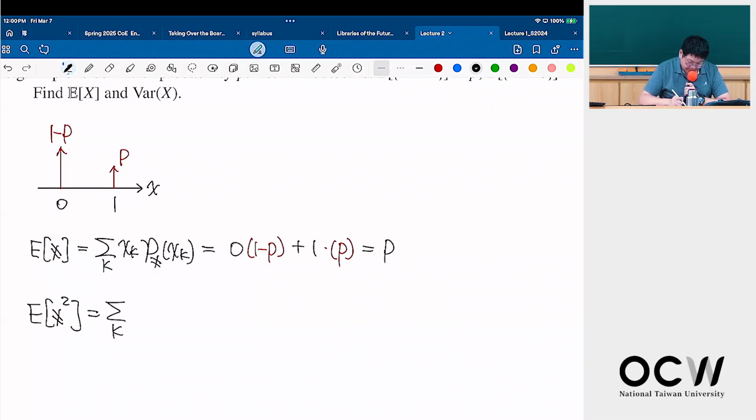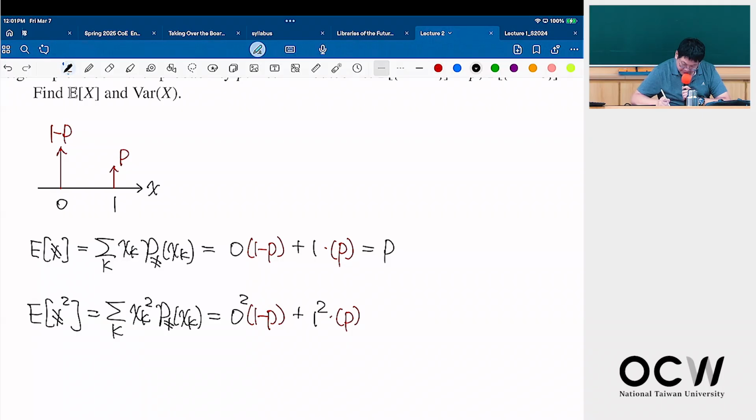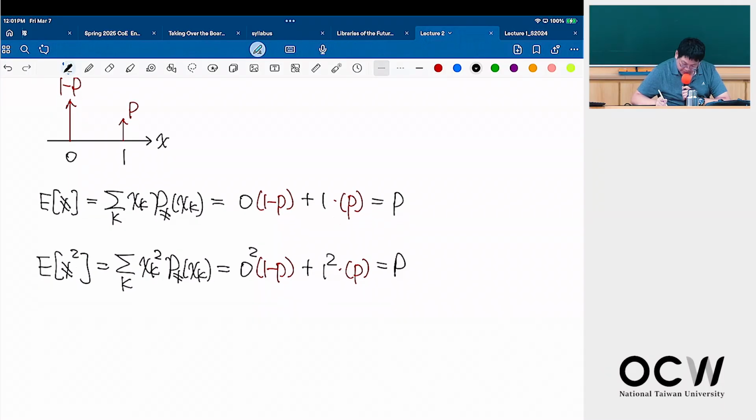Also consider all possible outcomes squared times their corresponding weightings: 0 squared and 1 squared, with weightings still 1 minus P and P. If you sum all this together, you will get P again.